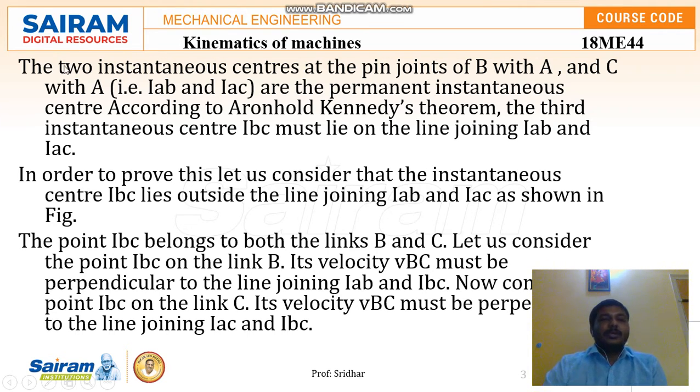The two instantaneous centers at the pin joints, that is the instantaneous center at AB and the instantaneous center at AC, are permanent instantaneous centers according to Kennedy's theorem, because AB, BC and AC are the three instantaneous centers.